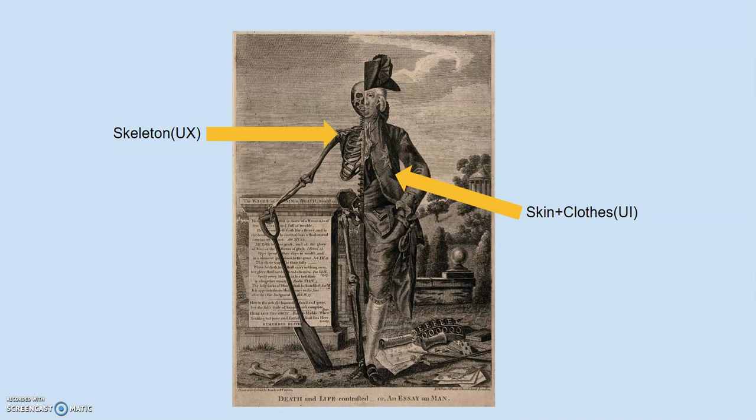Basically, the user experience passes off a skeleton to the user interface designer, and the user interface designer puts skin and clothes on, and so together it creates a whole human. So the skeleton is the user experience, and the skin and clothes is the user interface, and it makes one whole. That's how they work separately, but then also how they come together to create a whole.